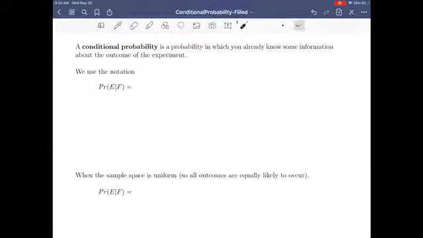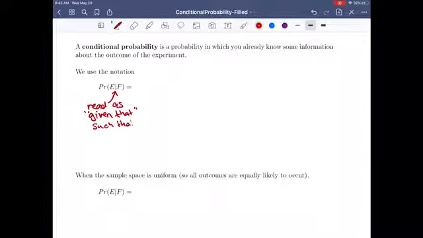The notation we use looks like this. It's P R, same as before, but now it's E with a vertical line and then F. The vertical line, normally you read as "given that," or "given," or "such that."